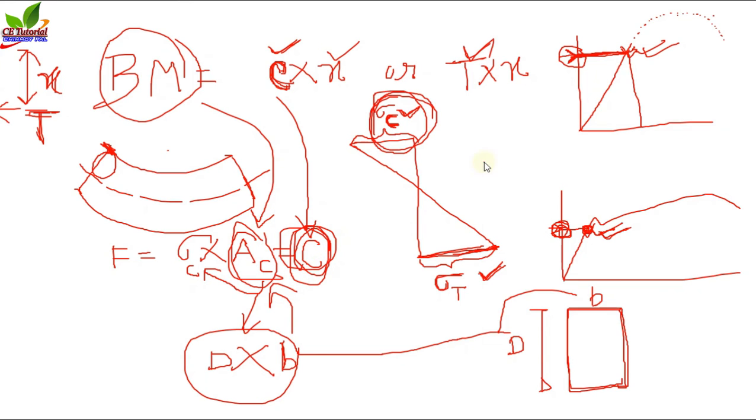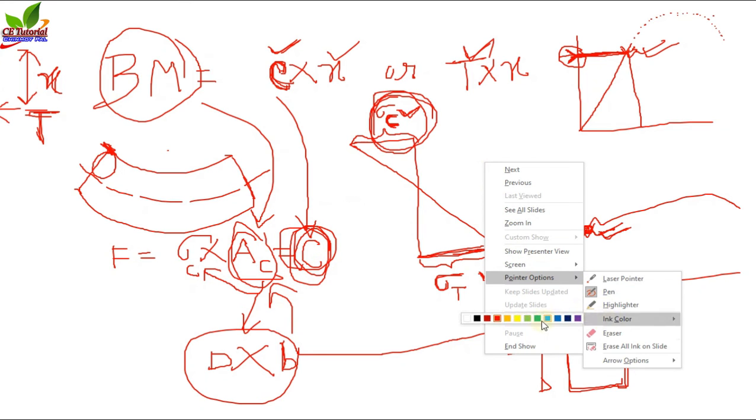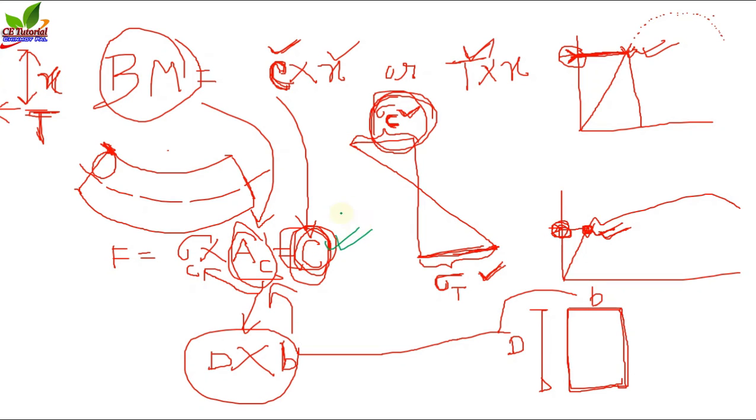And this compressive force, if we multiply with x, that is the distance between the two forces C and T, because C is always equal to T. Please keep in mind, C always equals T. So if we multiply C and x, then we can get a moment m, and that moment should be equal to or greater than the applied bending moment.